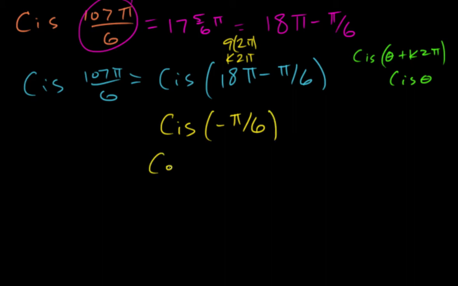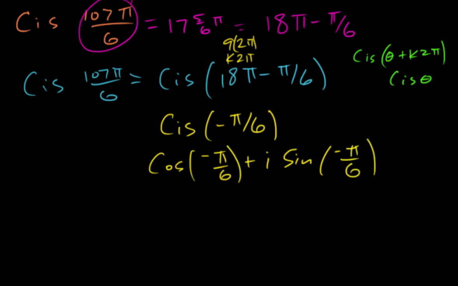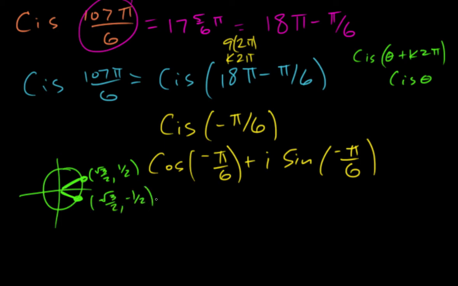If we expand that, we get cosine of negative pi over 6 plus i sine of negative pi over 6. We go to our unit circle and rotate negative pi over 6, which is symmetric with square root of 3 halves, 1/2, but down here it's square root of 3 halves, negative 1/2.